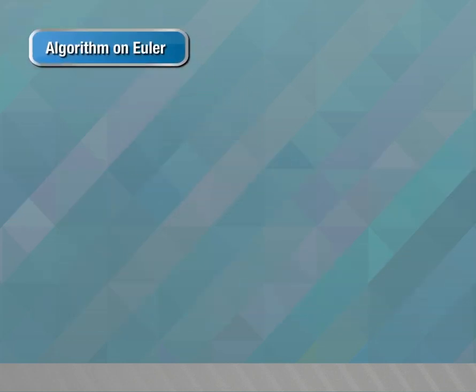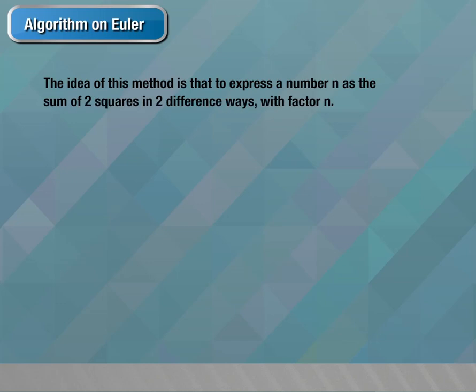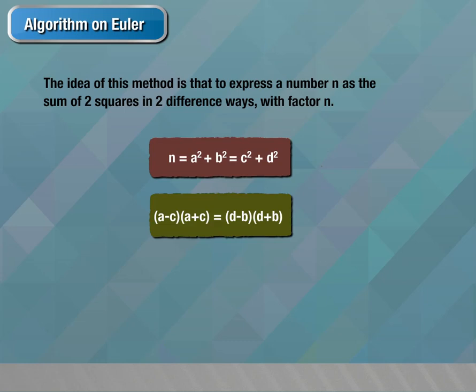Algorithm of Euler. The idea of this method is to express a number n as the sum of two squares in two different ways, which will factor n. n = a² + b² = c² + d². So (a − c)(a + c) = (d − b)(d + b). Let k = gcd(a − c, d − b).